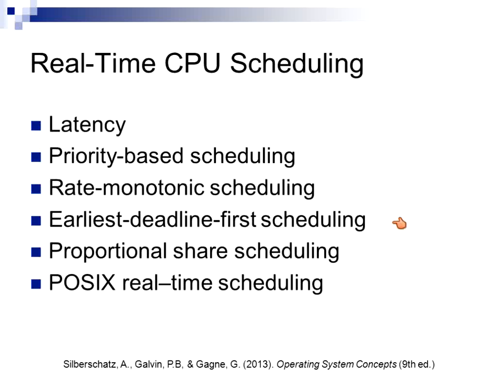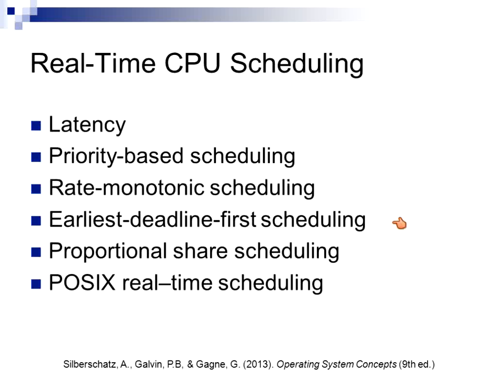There's earliest deadline first, and this is something where certain things have to happen first in the system. It's a real-time system. There are real deadlines that have to be met, and so earliest deadline first scheduling would prioritize by deadline.